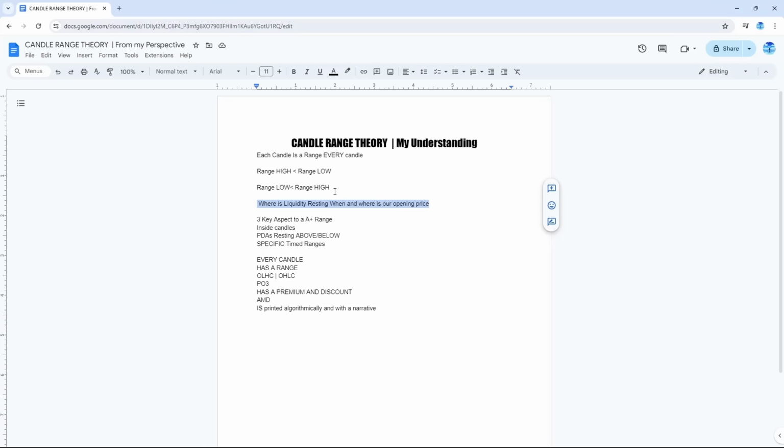We went over the 3 key aspects to our A plus range: an inside candle, PDAs resting above or below, and our specific time range. We want to always keep in mind each candle has a range. Each candle has an open, low, high, close, open, high, low, close. Each candle has a power of 3. Each candle has its own time-based premium and discount. Each candle has its own AMD. And each candle is printed algorithmically and with a narrative behind it.